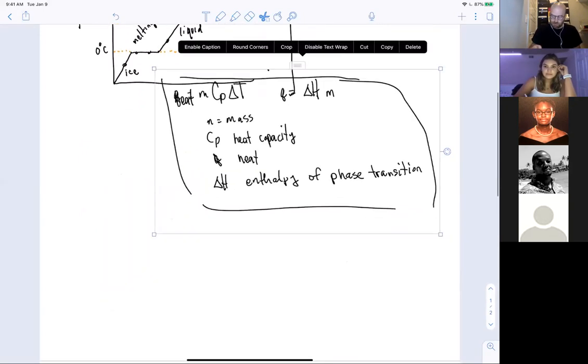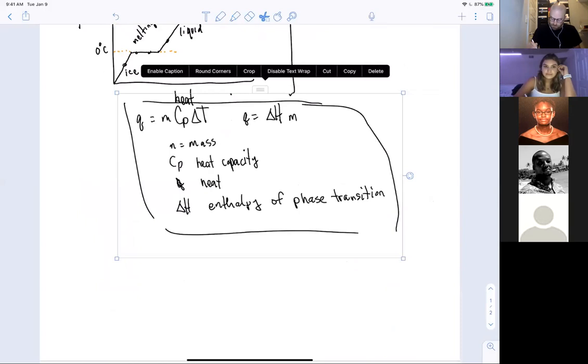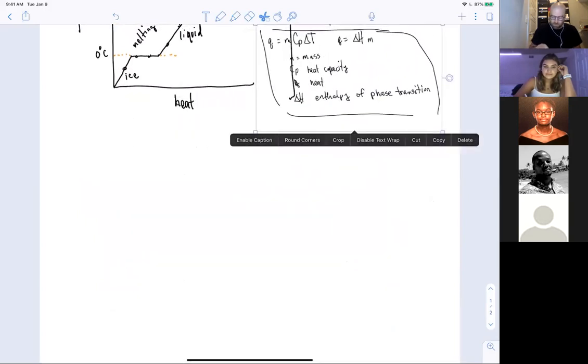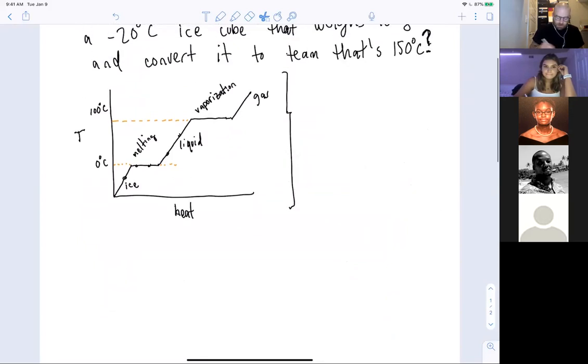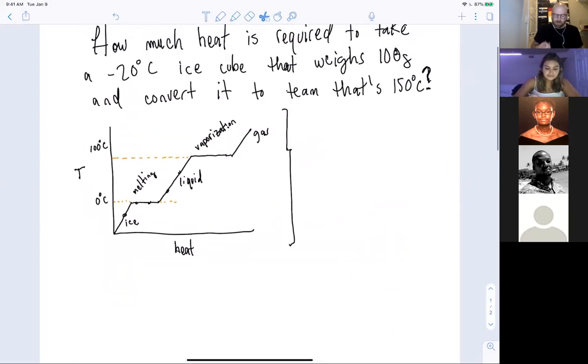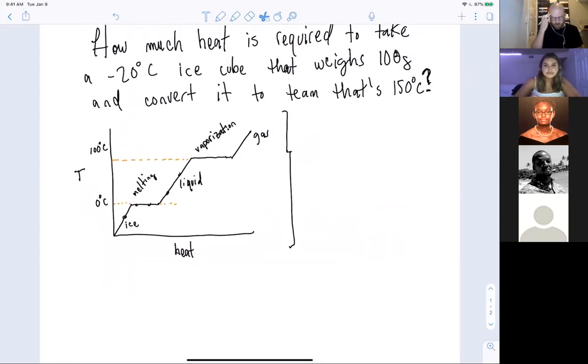The main way to break it up in your mind is exactly how it's broken up on the heat curve. Let's say you were given this problem but weren't given a heat curve. The heat curve is a really handy tool to draw out to break up the different processes and understand how you're going to calculate the heat at each point.